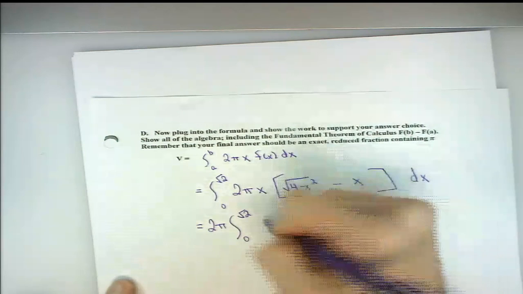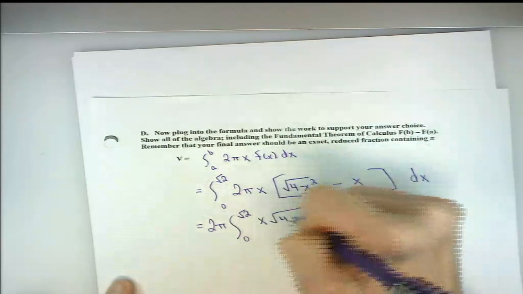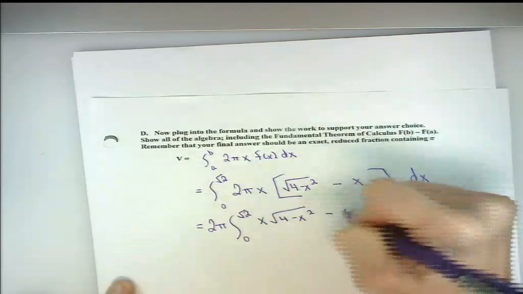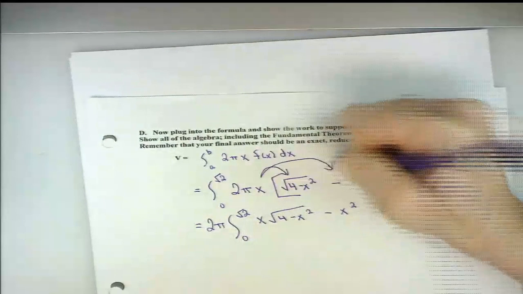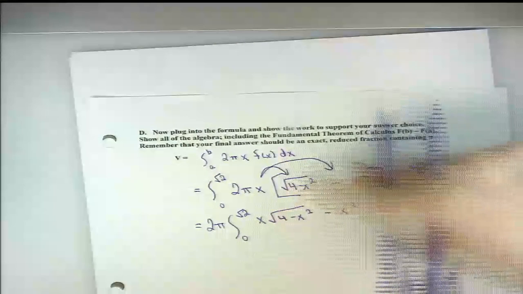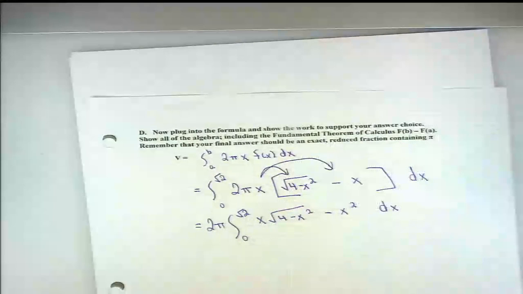Distribute x to the square root of 4 minus x squared, and also to this x. The way is top minus bottom, then collect like terms, so we go ahead and distribute the x there.